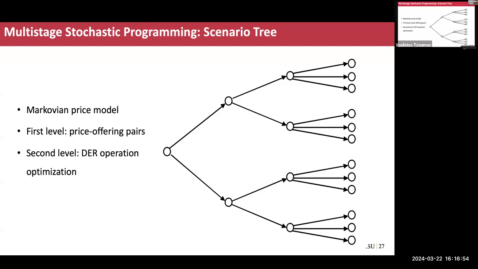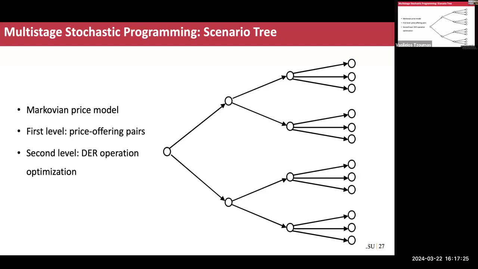We can have 5 prices in time step 1, 5 prices in time step 2, and they have certain transition probabilities going from one price to another. We want to determine for each price what is the optimal power offering, so that when the market is cleared, we are able to minimize our operation cost based on the power offering that we generate.